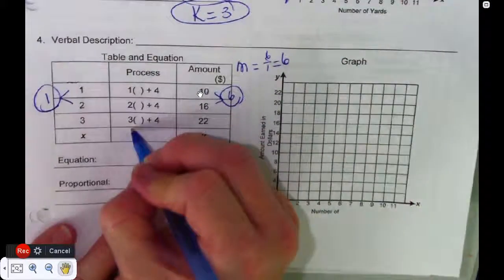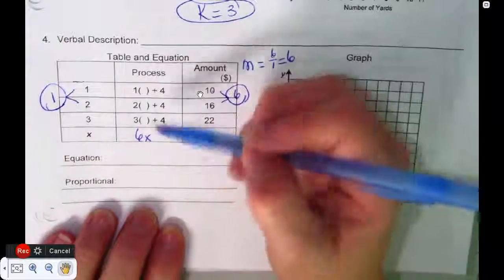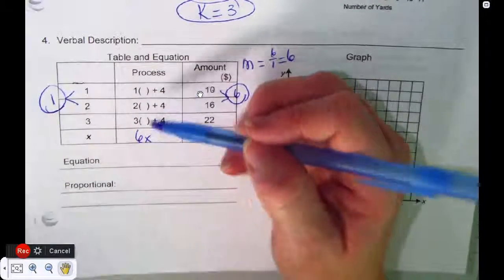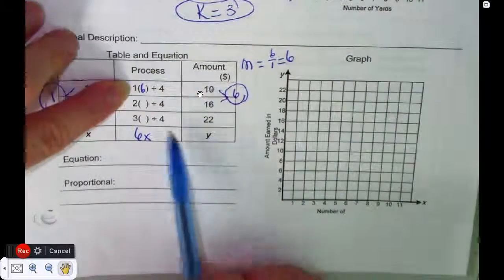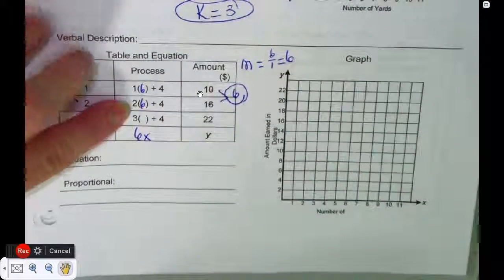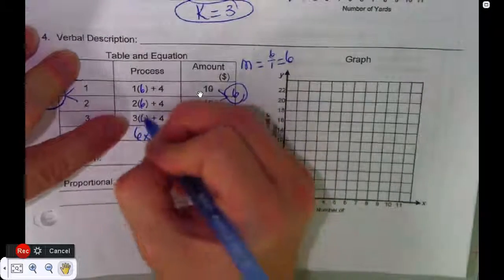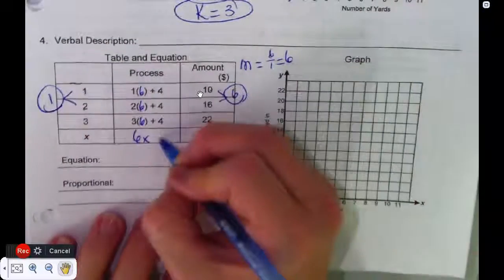So what am I going to go multiply by? 6x. Now they wrote it backwards again, which, multiplication order doesn't matter. But okay, what's 6 times 1? 6. And 6 plus 4 is 10. 12 plus 4, 16. 6 times 3 plus 4, there you go.